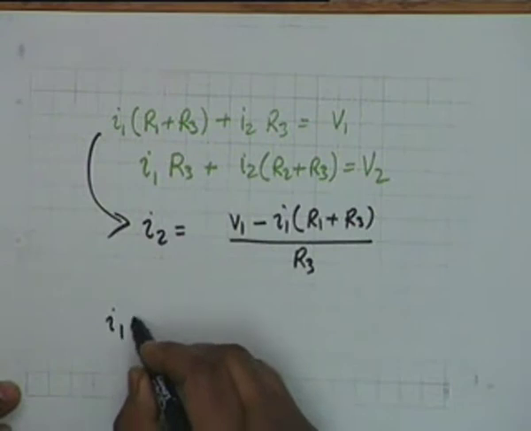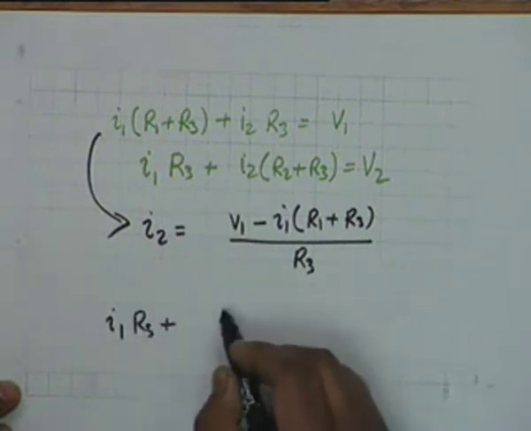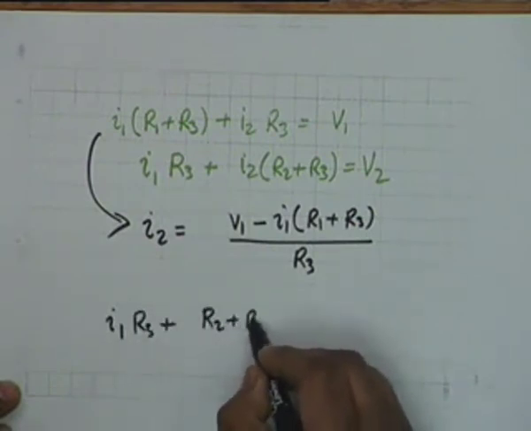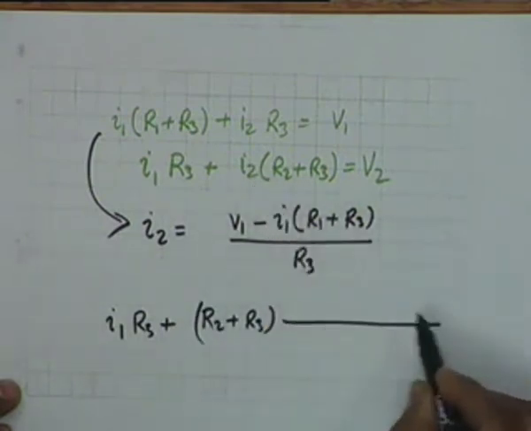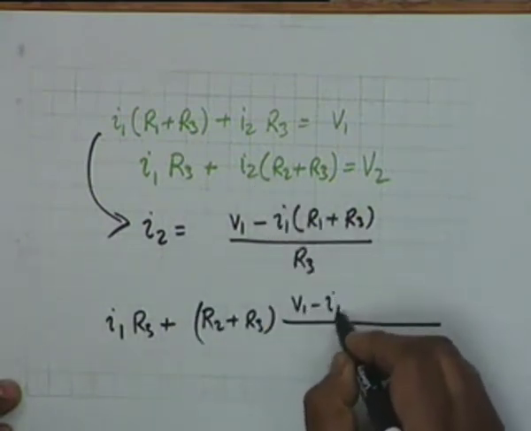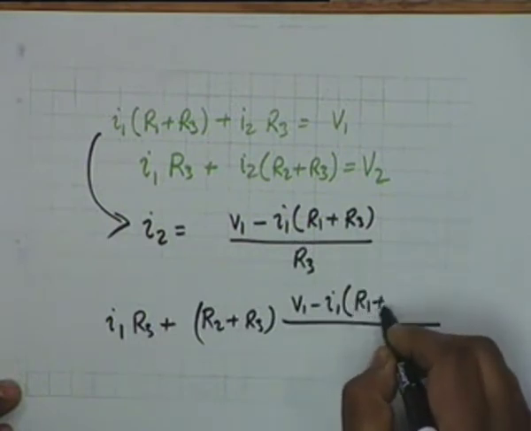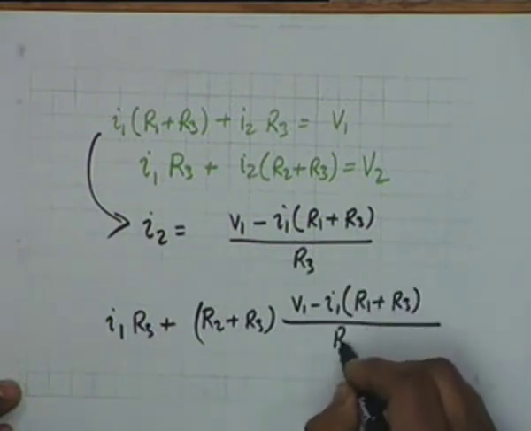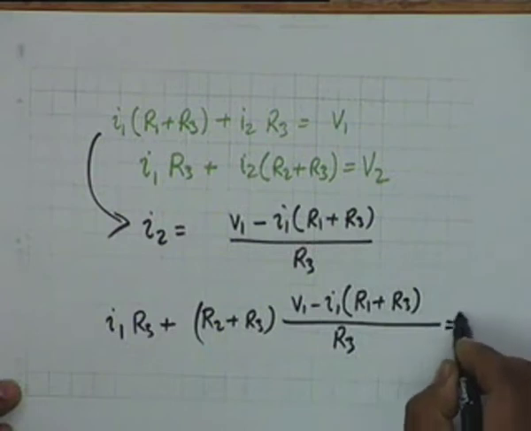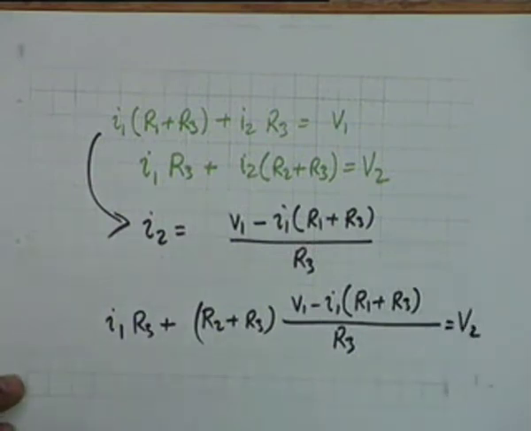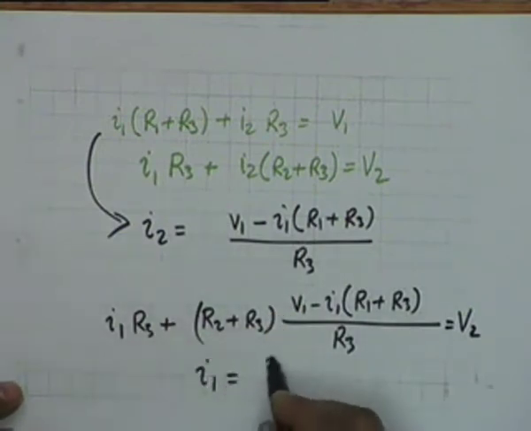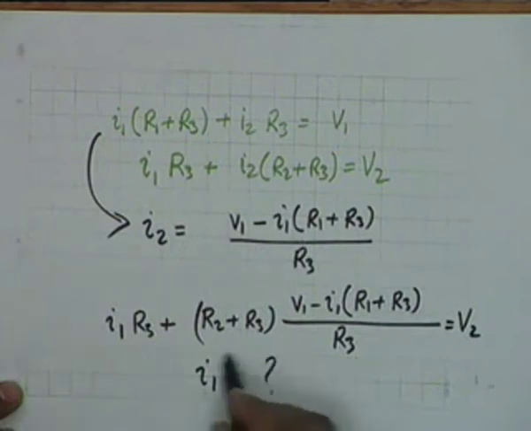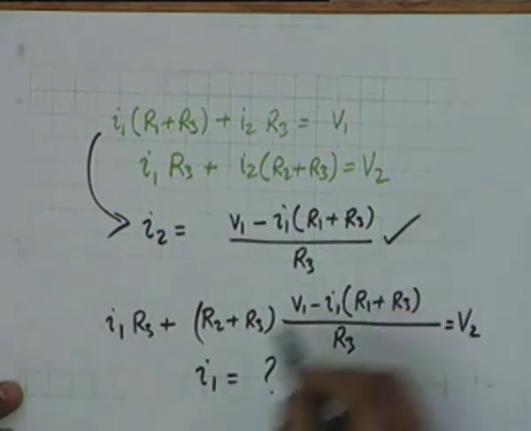That is, I1 R3 plus (R2 plus R3) multiplied by I2, and instead of I2 you write this whole expression, (V1 minus I1 (R1 plus R3)) divided by R3, and this whole thing is equal to V2. Now in this equation only I1 is the unknown, and therefore you can solve for I1, and once you solve for I1 you can find out I2.